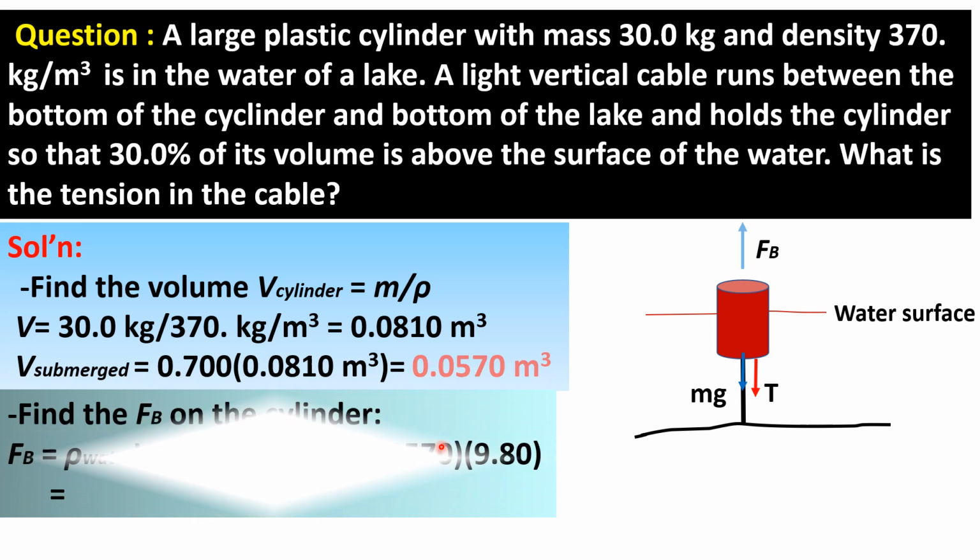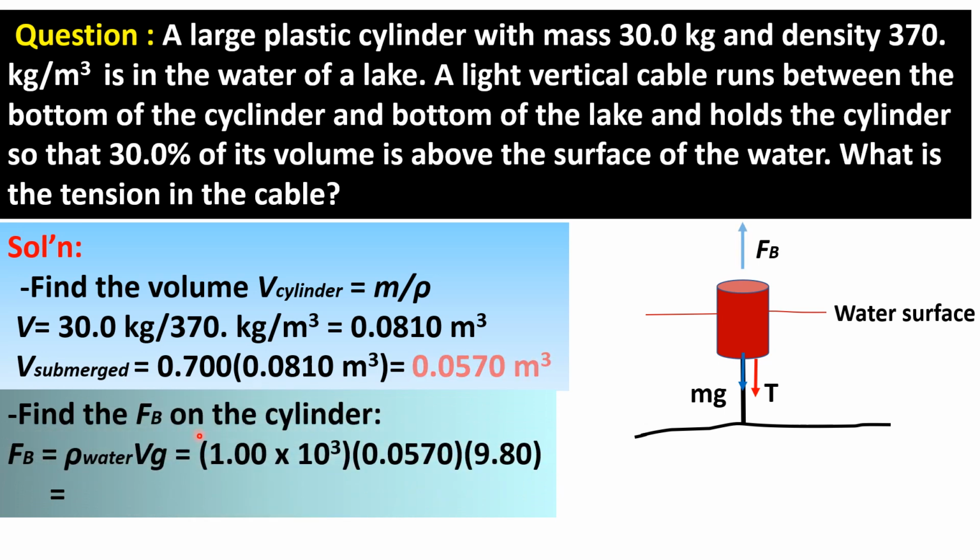We need that so that we can determine the buoyant force FB exerted by water on the cylinder using the formula FB equals density of water multiplied by Vg, where V is the amount of water that has been displaced. So substituting, the density of water, as we all know, is 1000 kilogram per meter cube, or 1.0 times 10 raised to the third power.